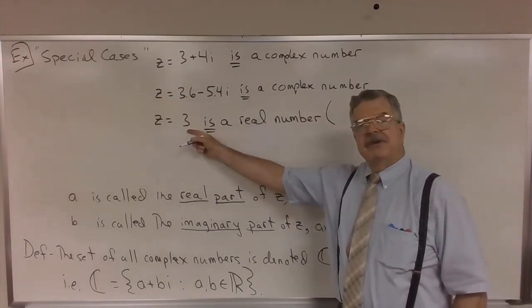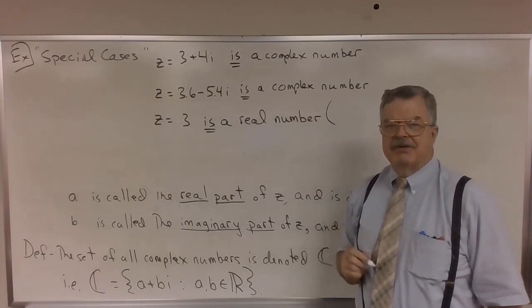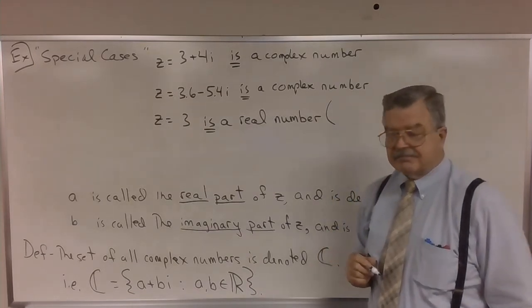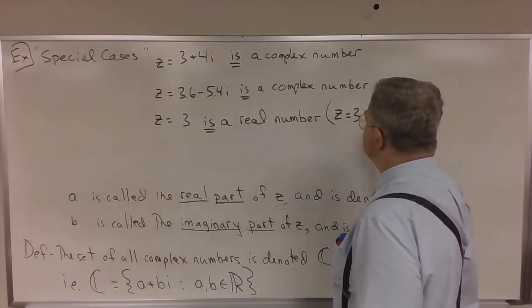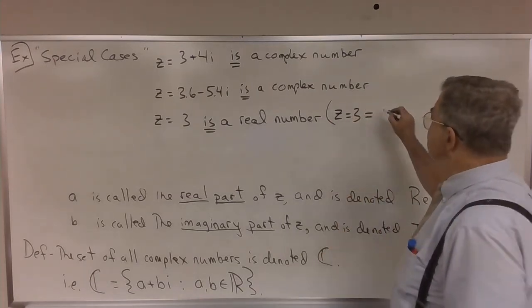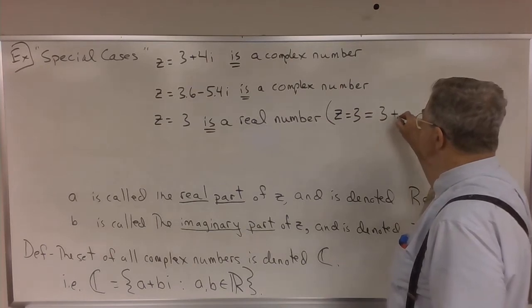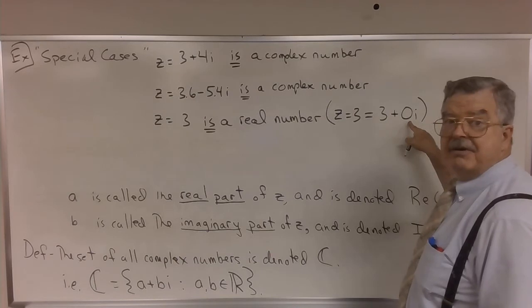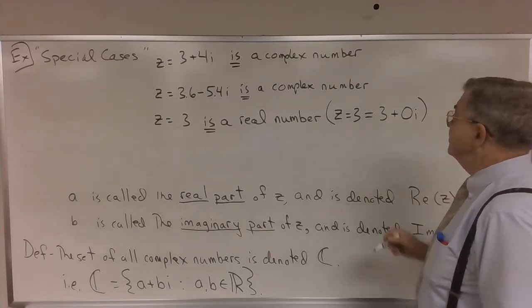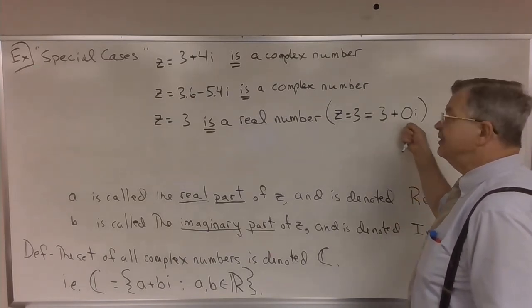Z equals 3 is a real number. How can we justify this? Because the number Z equals 3 can be written as the sum of a real number plus the imaginary number 0 times i. So it is a real number plus an imaginary number.